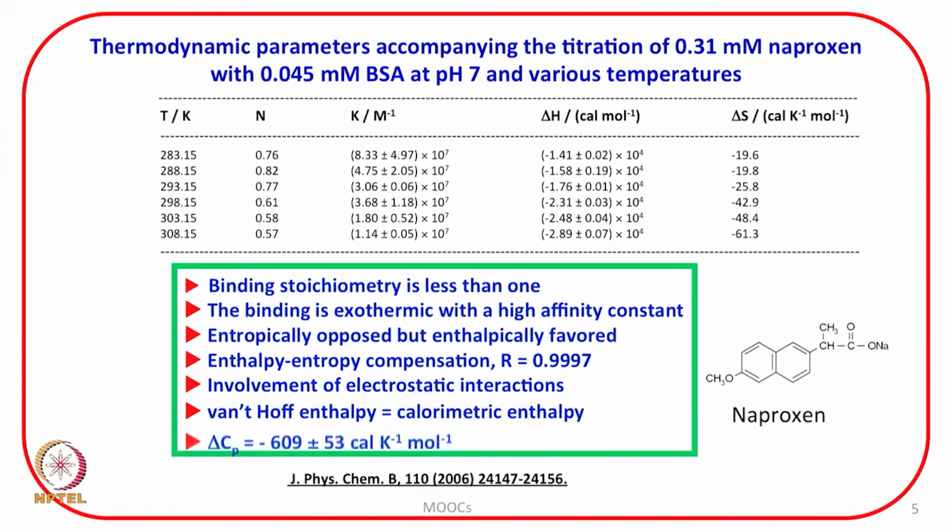And that means this establishes that the binding is taking place only with the native state of the protein. The next comment, delta Cp is minus 609 plus minus 53 calorie per Kelvin per mole. This also I touched upon in one of my previous lectures, that when you study the binding as a function of temperature, we also get another thermodynamic quantity delta Cp.